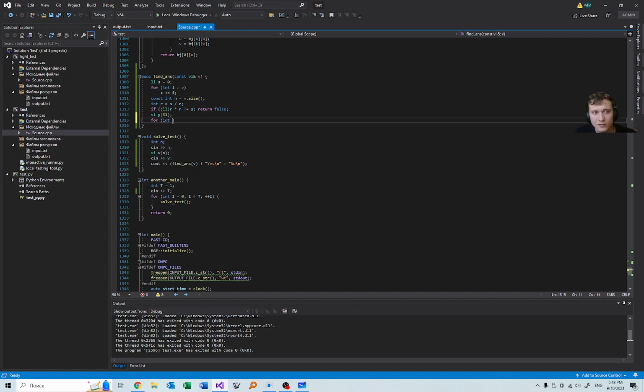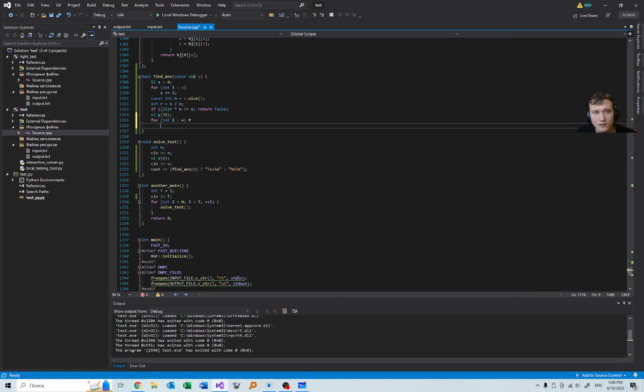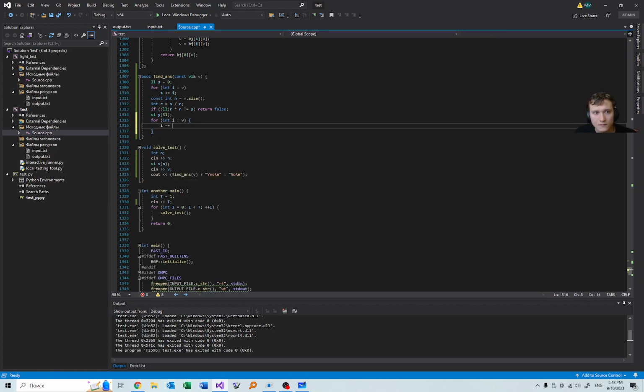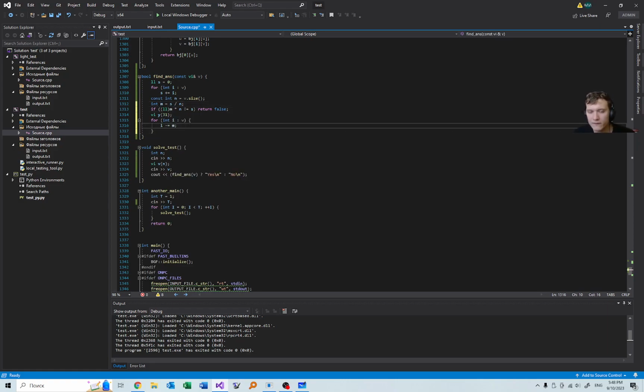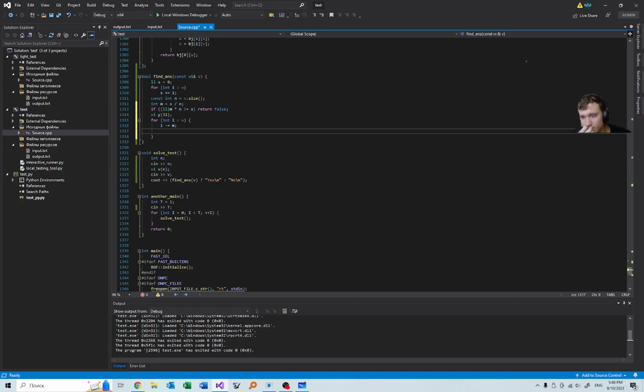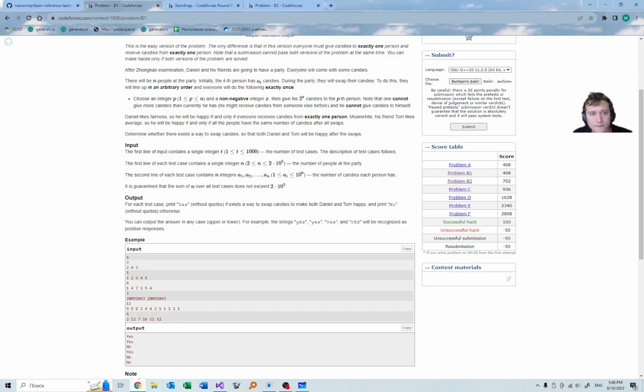So we iterate over all numbers. I might want it to be m. So we have I minus m. We need to make it the difference of 2 powers of 2.